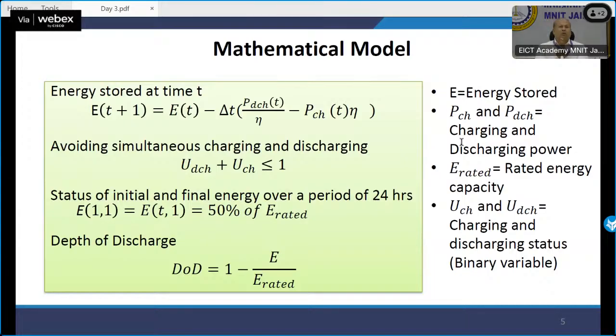So whatever the amount PCH, what is power? What is energy? Tell me. Okay, rate of change of energy is power, am I right? So energy becomes power into time. So that's what we are saying, delta t times the power discharge, or delta t times power charge.